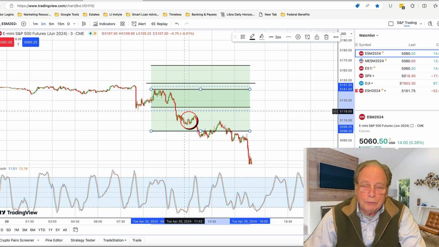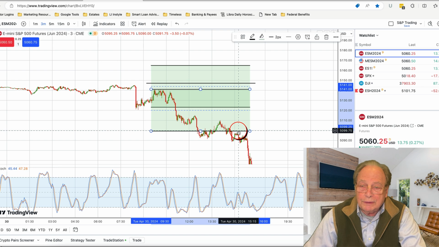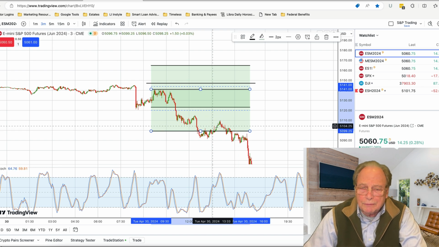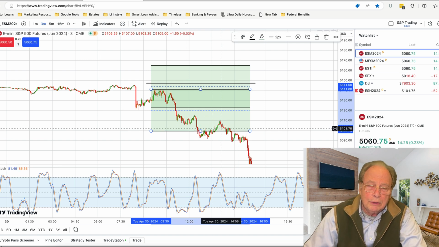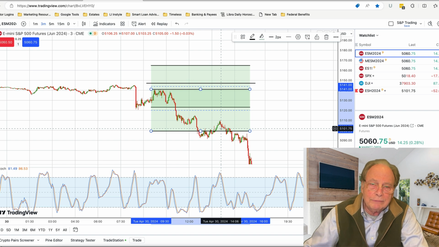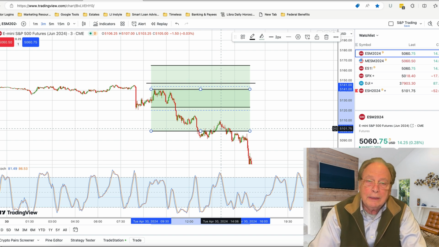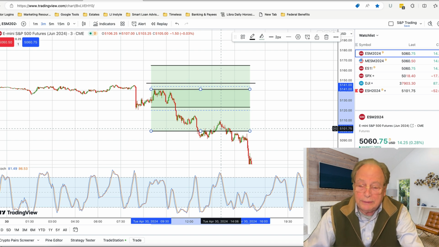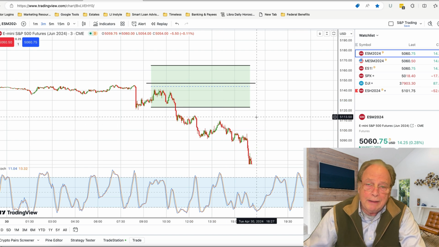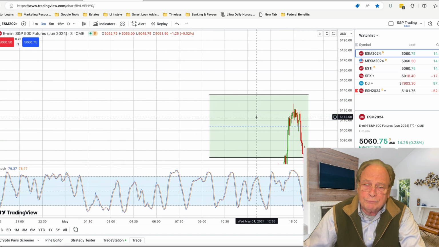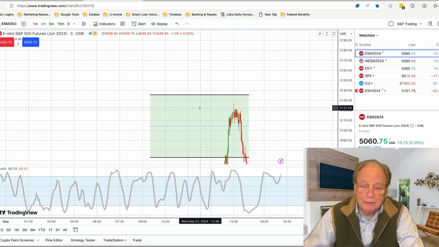And we determine that the market is going to trade down to 50.99 or thereabouts. Sure enough, that's where the market traded down to. So that's how we use the Taylor trading range and transposing it in order to determine where the market is likely to go. Now, I'm going to do the same thing on Wednesday, May 1st.